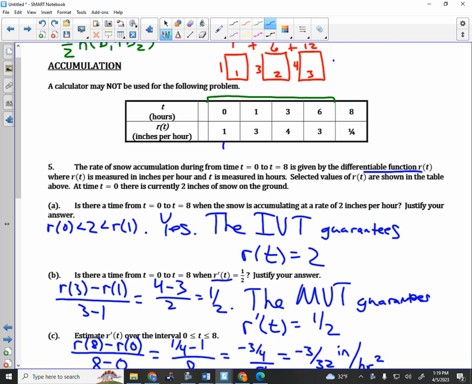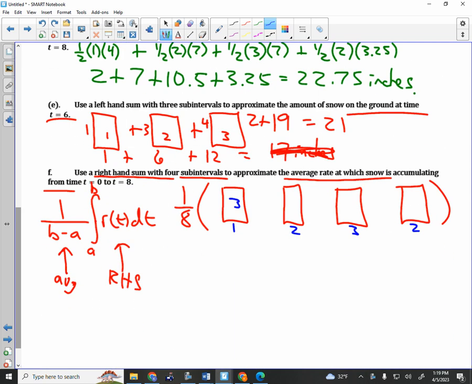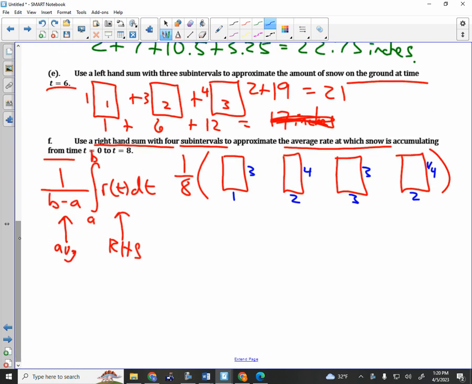Are we looking at the right hand or the left hand? Right hand. So what's the right-hand height here? So we've got 3, and then 4, 3, 1/4. So those are my rectangles. So I'll put in the area.